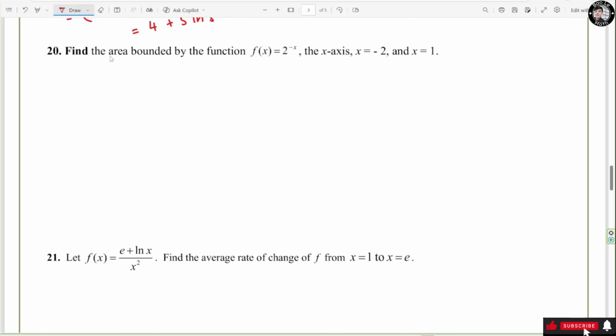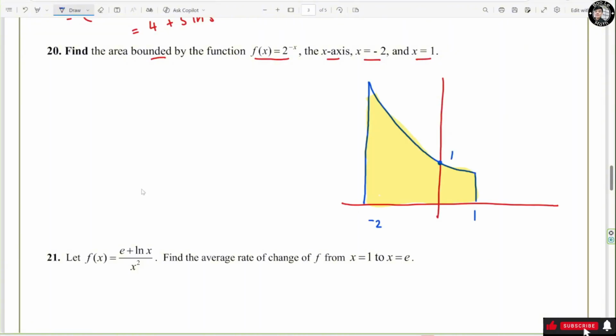Now question 20. Find the area bounded by the function f(s) equals 2 to the power of negative s, the x-axis, s equals negative 2 and s equals 1. Now if you graph this one, it's going to be something like this. So the area is the integral from negative 2 to 1 of 2 to the negative s ds. Now we're going to use u substitution.